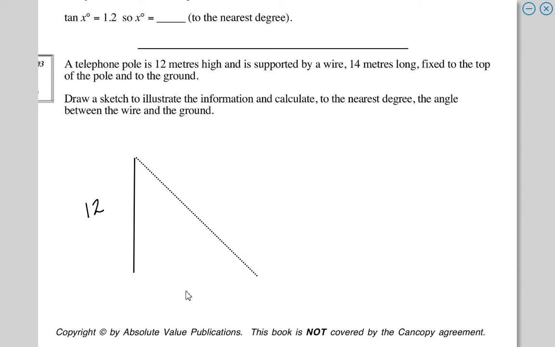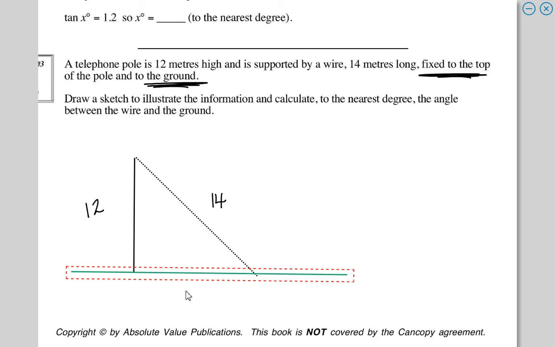It says fixed to the top and to the ground. So that wire is worth 14. Okay? And then I'll draw the ground now. Here comes the ground. It's green because it's grass.